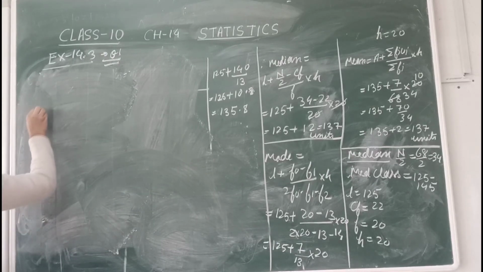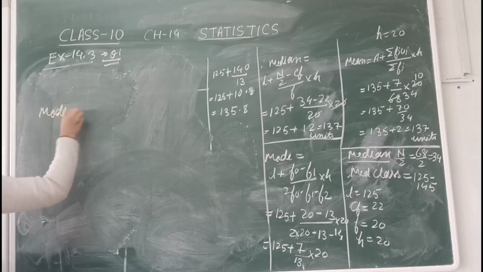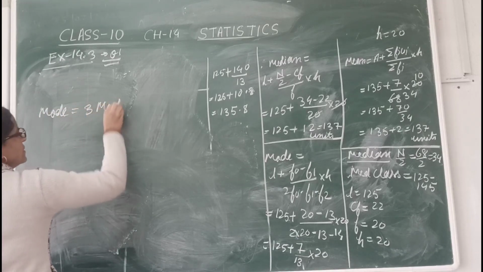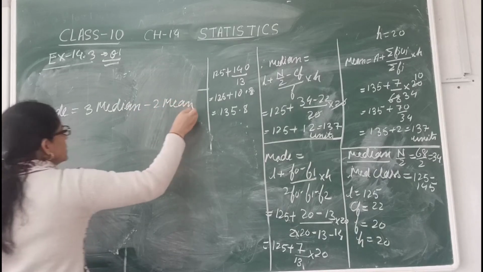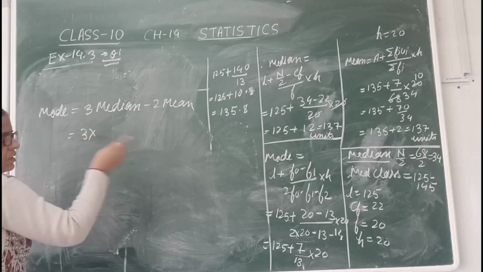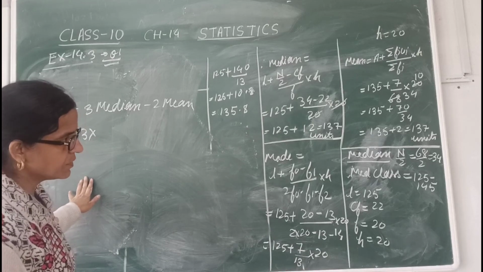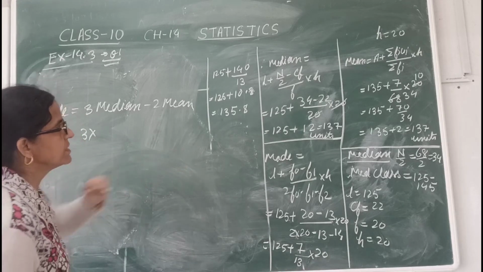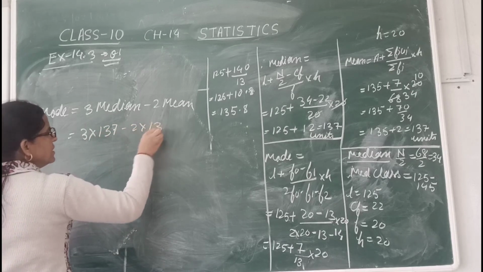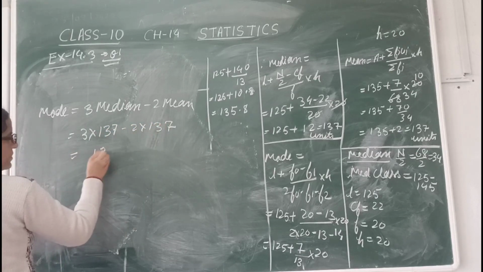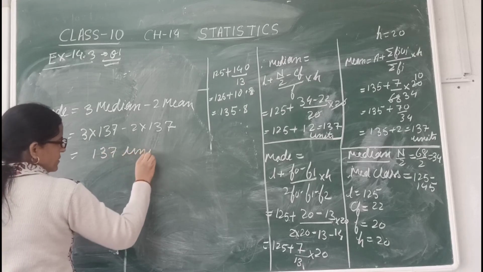So mode equals 3 median minus 2 mean. So 3 into this median was coming as how much? 137. 137 minus 2 into 137. So it's directly coming 137 units.